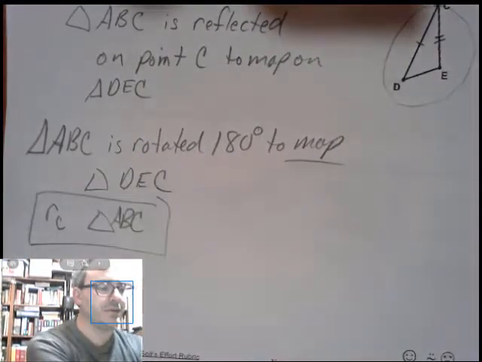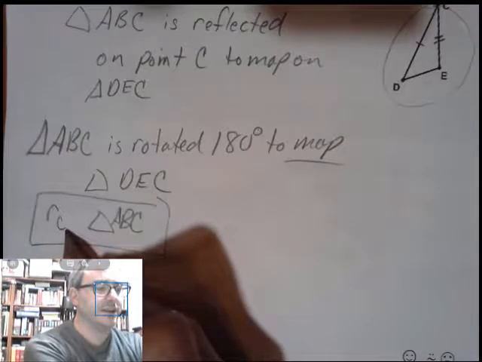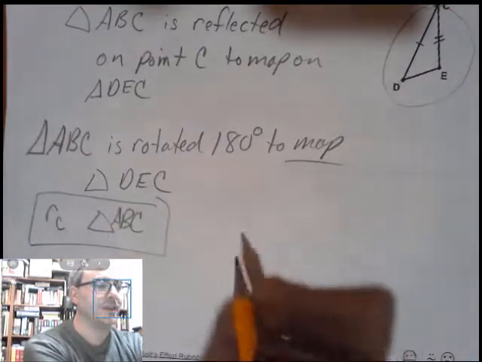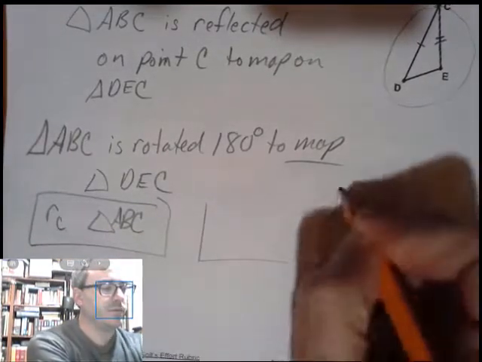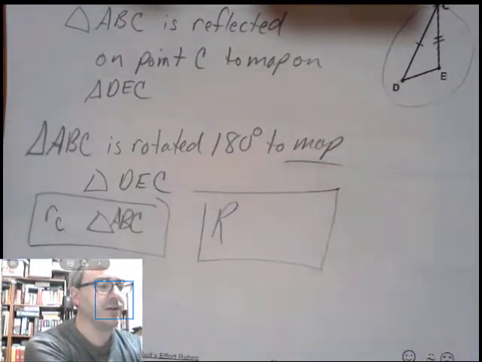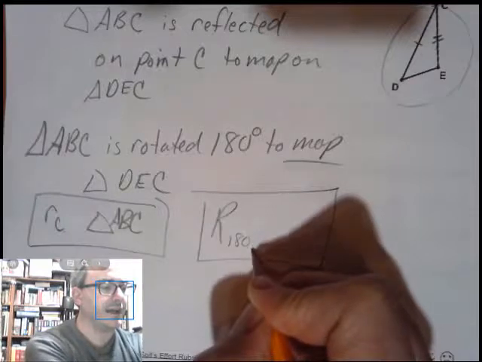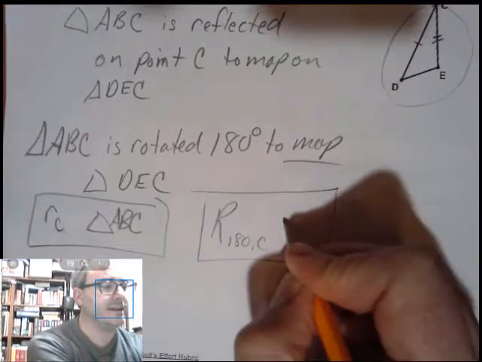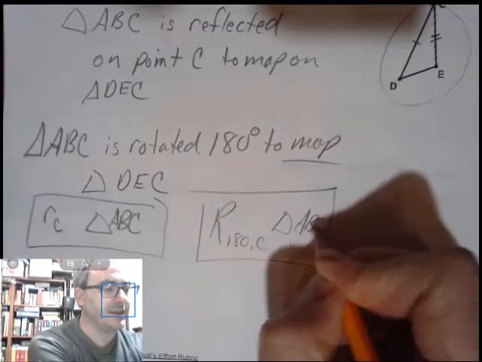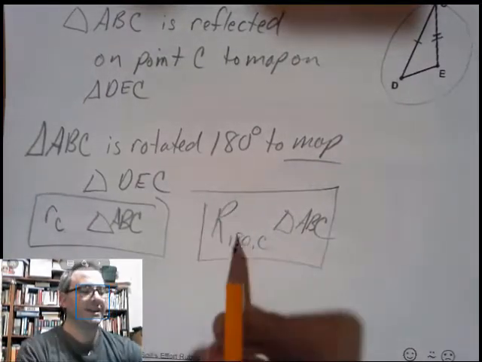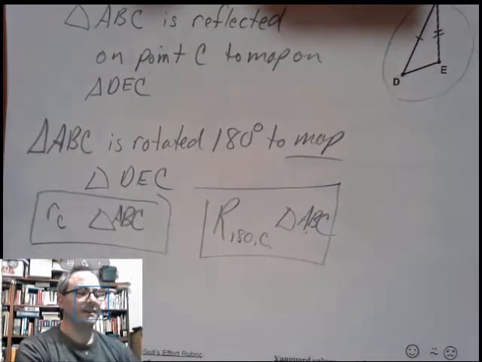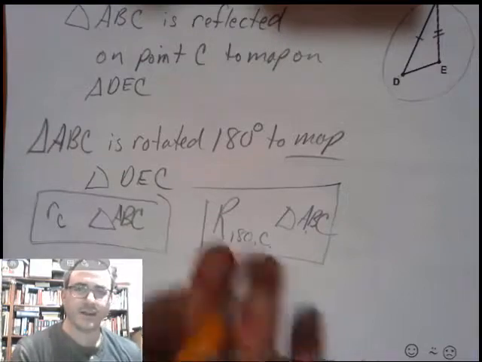So that's my one notation. Reflect on point C, triangle ABC. Rotation, capital R, rotate 180 degrees on point C, triangle ABC. So I'm going to rotate 180 degrees on point C, ABC. All right, there we go. We got all this. Let's move on.